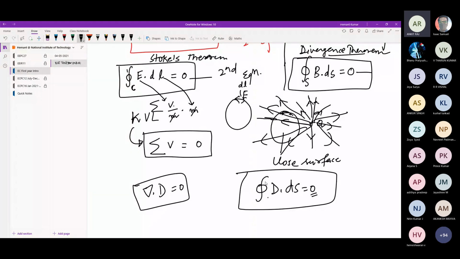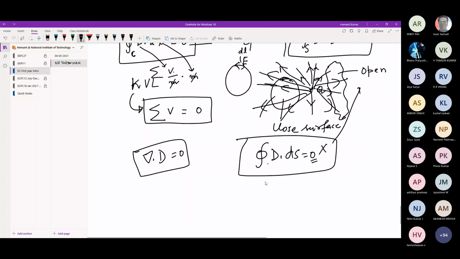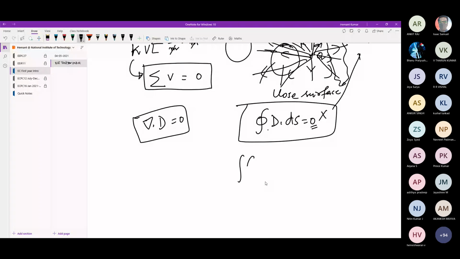But if you consider an open surface here, not closed, here I have considered open, in this case this is not correct. If it is open, then the flux D dot ds will pass through it, but it will have some non-zero value.